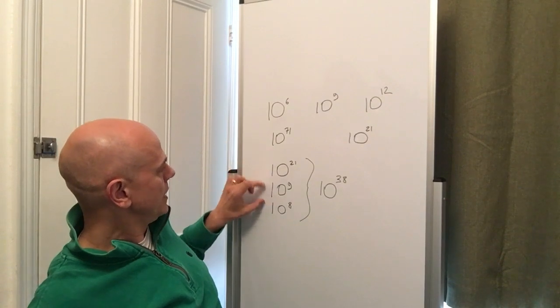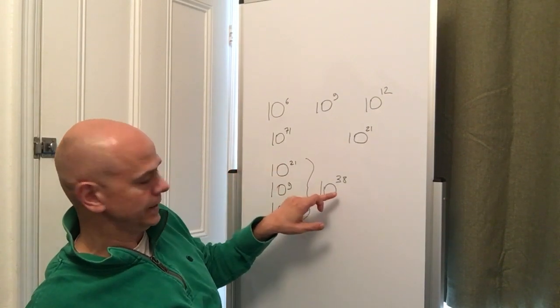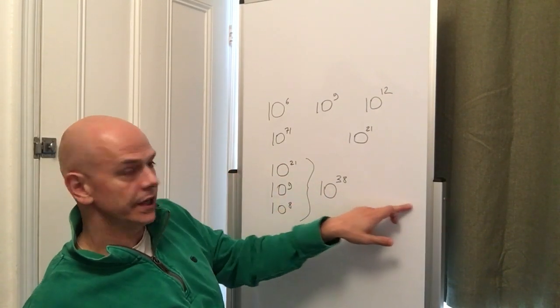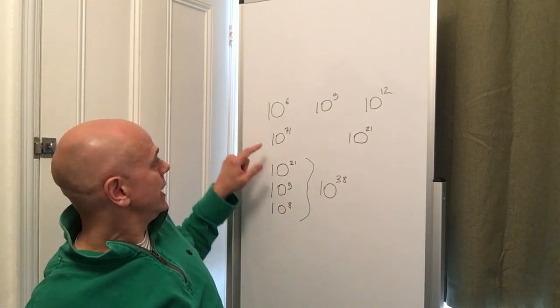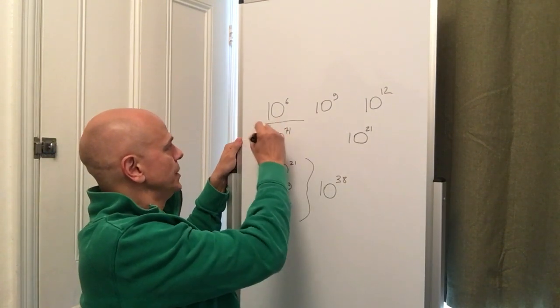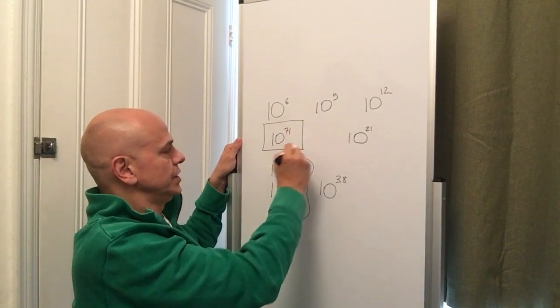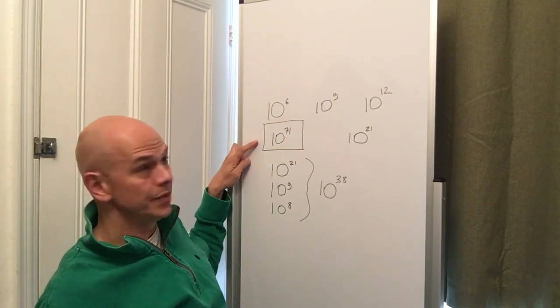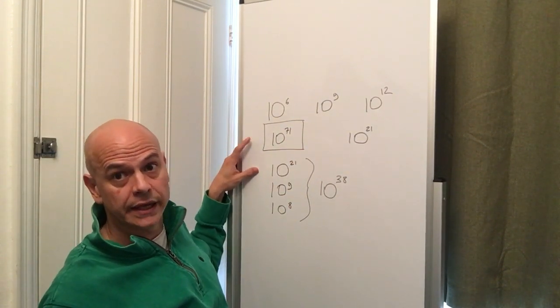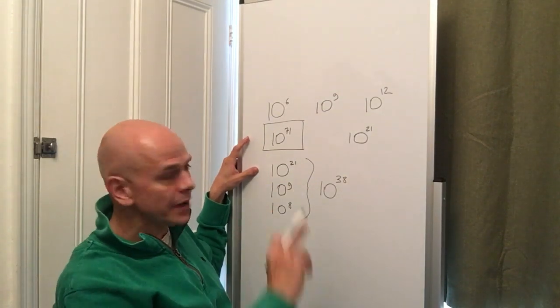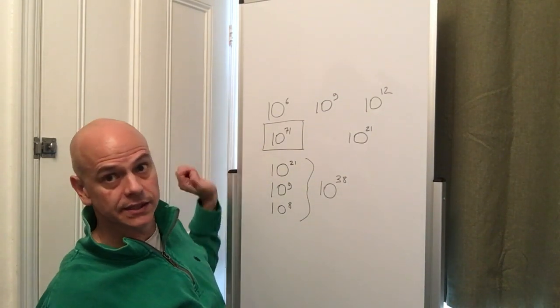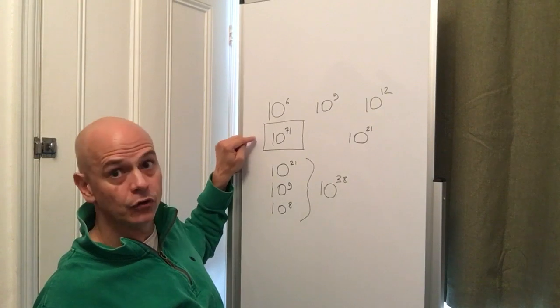Because when you're multiplying things together with powers, you just add. That's a 10 with 38 zeros behind. Sounds like a big number. Unfortunately, this number here, 10 to the 71, is the chances of you being able to hit that one monkey in all these monkeys typing, getting that sentence right. That's the chances, is 1 over that number.